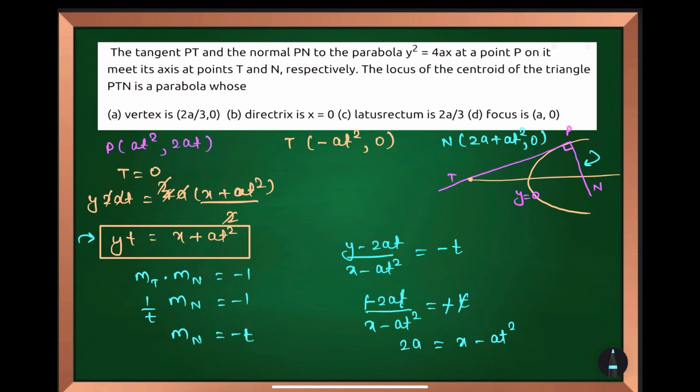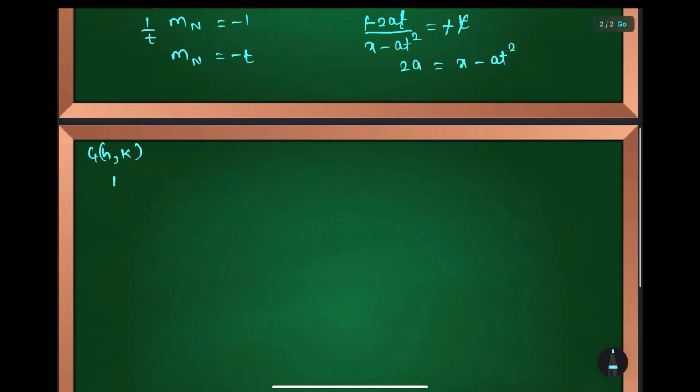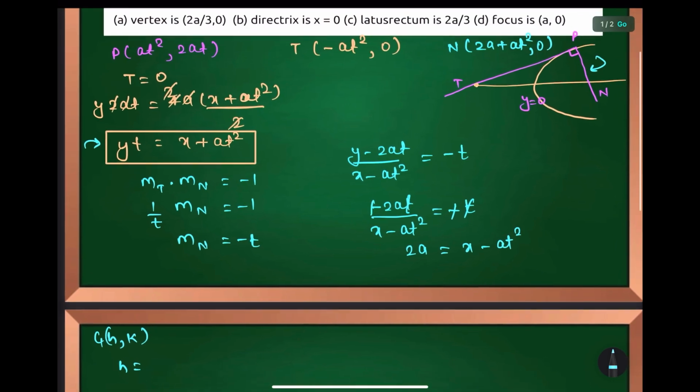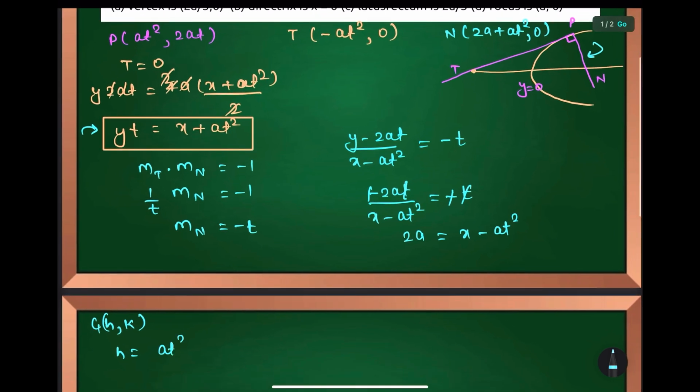So it is the average of the x coordinates and the average of the y coordinates. So h will be equal to (x1 + x2 + x3)/3, that is (at² − at² + 2a + at²)/3. Now k will be equal to (2at + 0 + 0)/3.